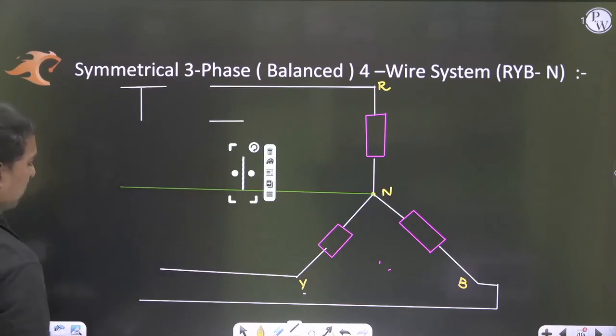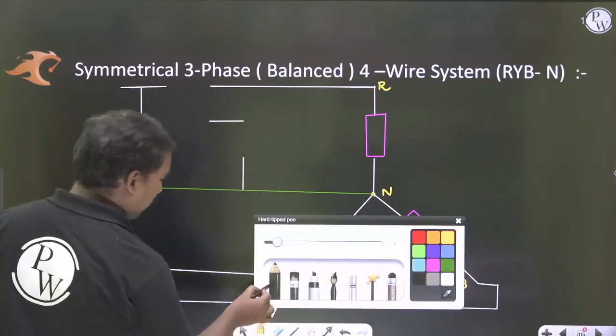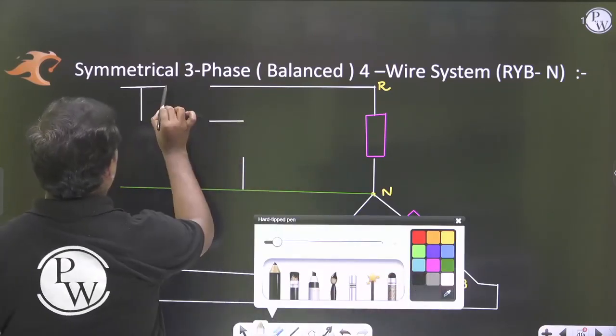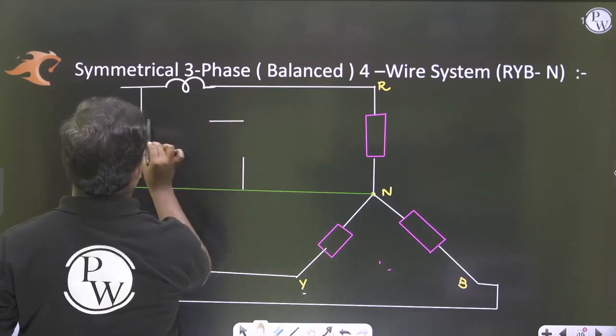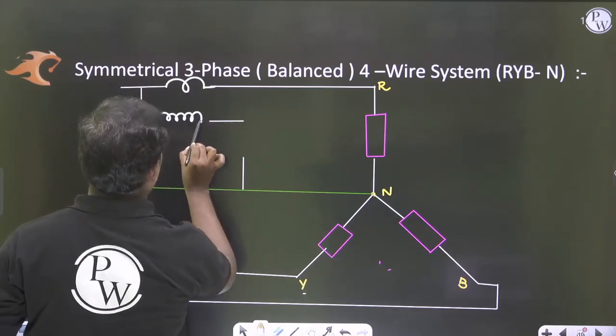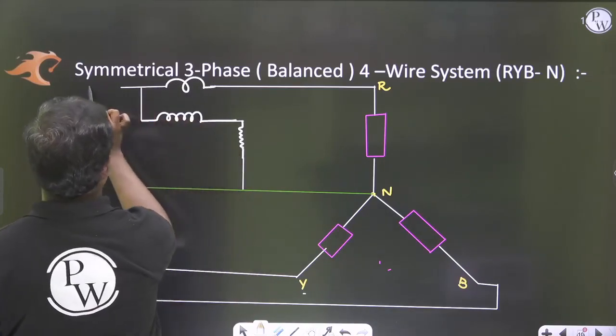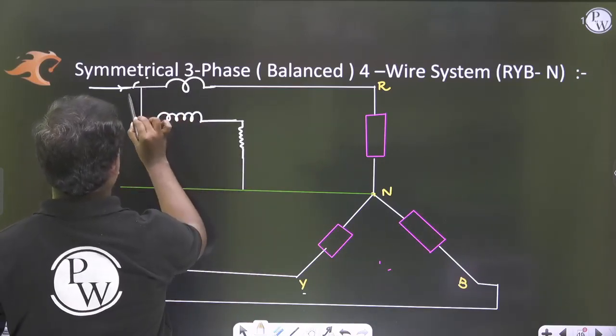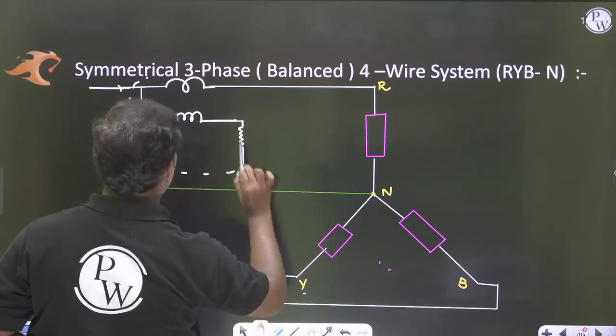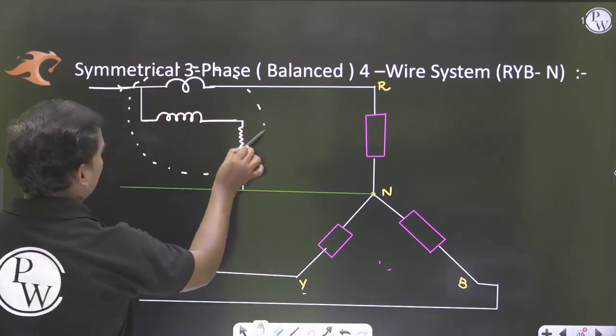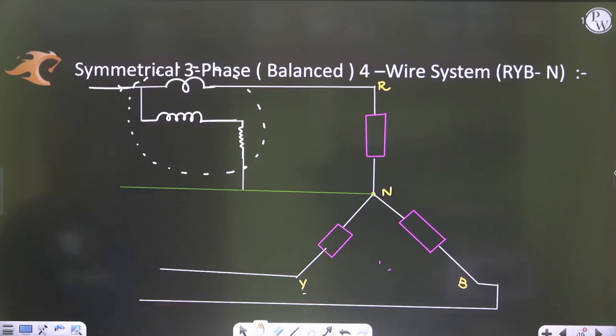Similarly, let me draw the diagram now. So this is the current coil and this is the potential. So now this is going to become 1 wattmeter. Okay, next.